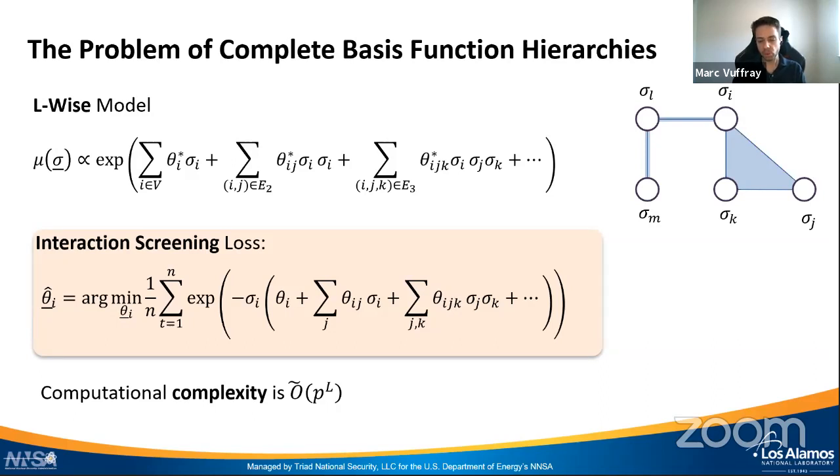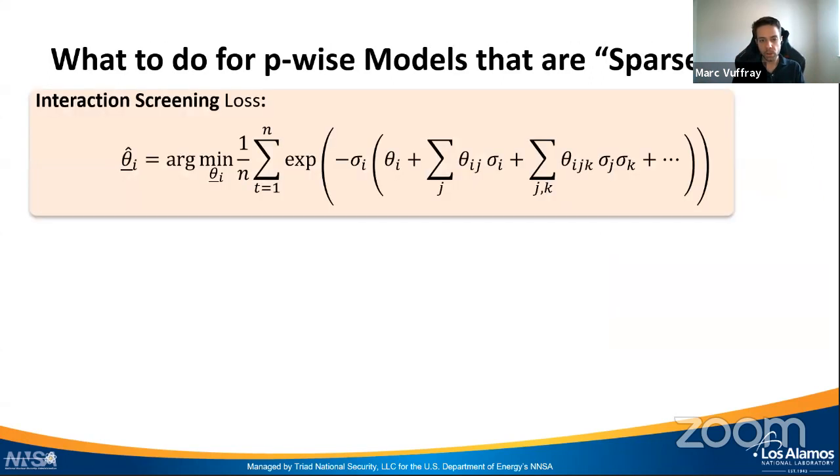But sometimes you have a probability distribution that really requires all possible orders, but it's not necessarily that all parameters will be relevant. Maybe just a few parameters will be relevant. It will be very sparse, but you need to include all possible basis terms in there. So is there a way to do something when you know that your model is sparse, with very few parameters, but with all possible orders inside it?